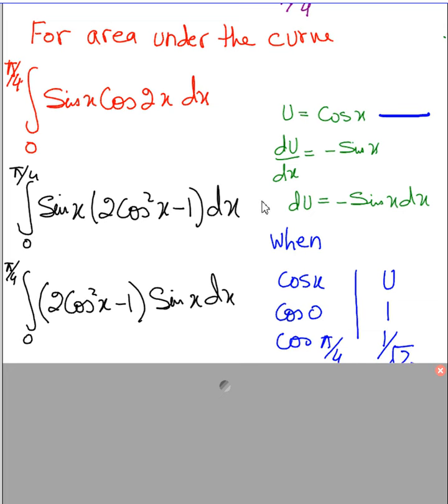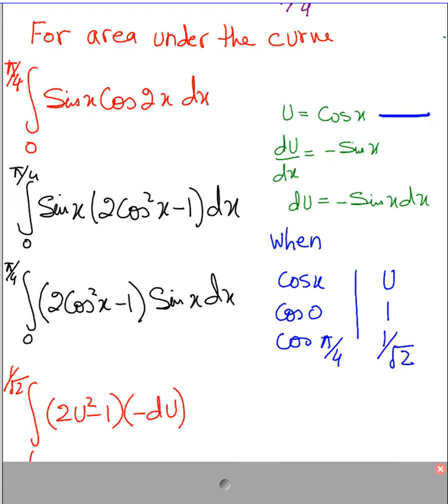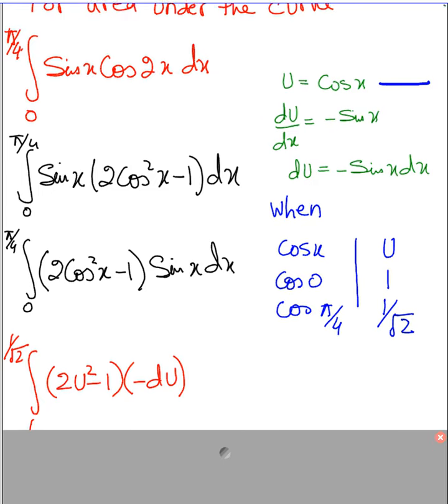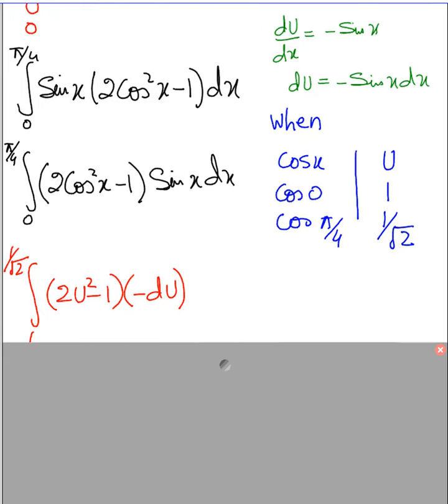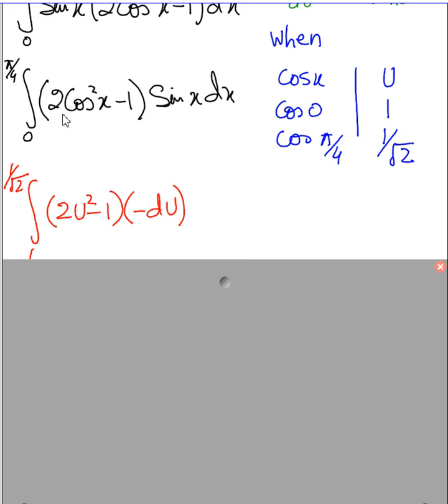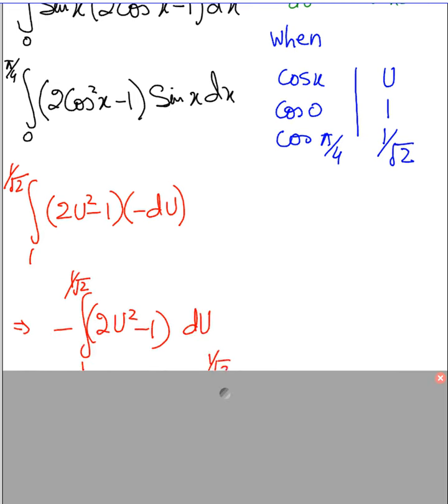And when I take pi by 4 here, cos pi by 4 is equal to 1 over root 2. So here I will write 1 over root 2. So this is how I will change the limits. So I hope you understood this. And like I said, cos square x is u square. So the whole question will be solved easily now.